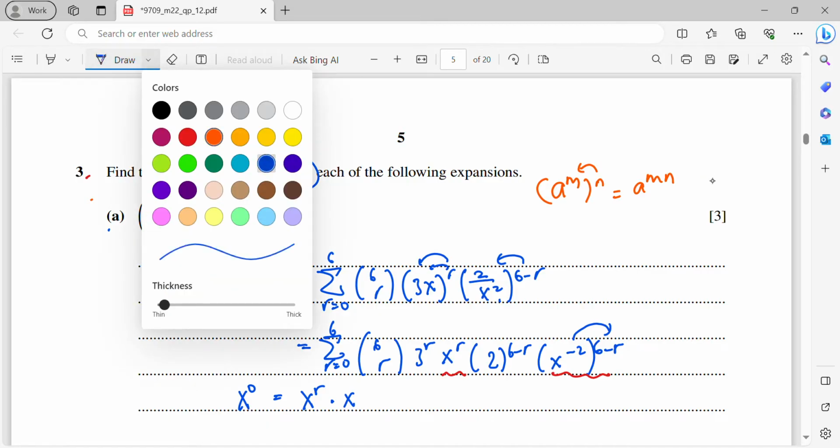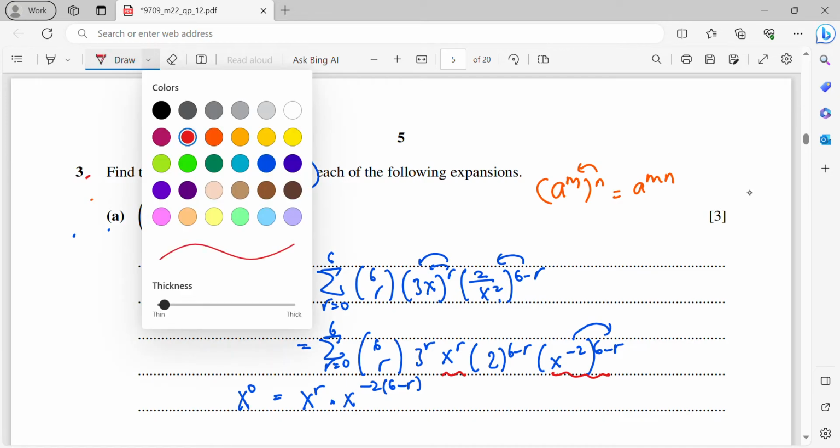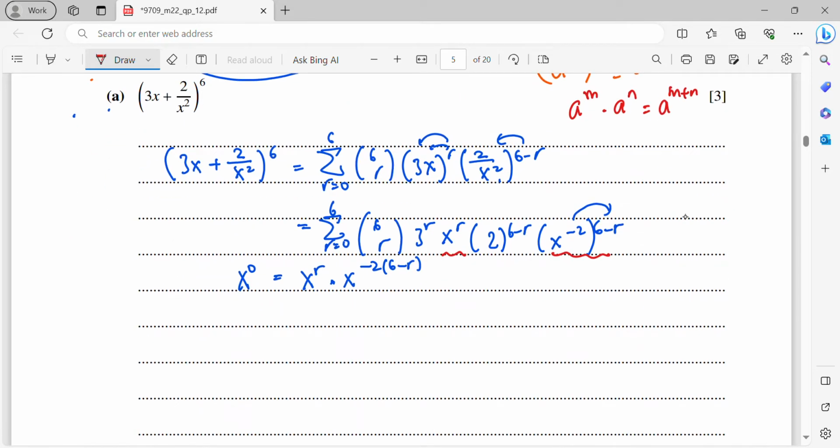So now here I will get minus 2 times 6 minus r. And now I will compare. When you have multiplication of two same base, let's say a power m times a power n, it will be a to the power of m plus n. So now I'm going to add the 2 degrees. So here becomes x to the power r plus this one brought in, so it will be negative 12 plus 2r. So it will be x degree 0 on the left hand side.